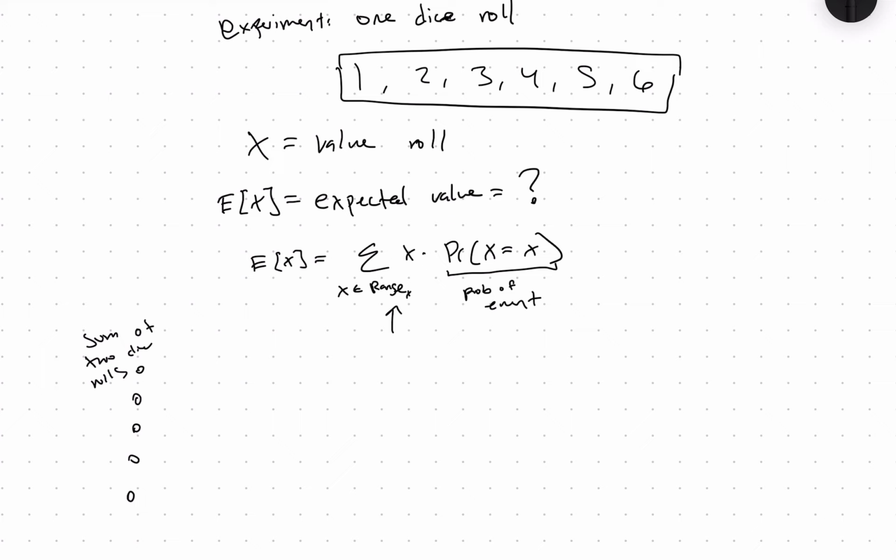So here are all the possible outcomes, but these look like 1, 1, 1, 2, etc. But there are only a few values that the random variable can take on. And that was 2, 3, and so on. And so these map to the final values of the random variable.